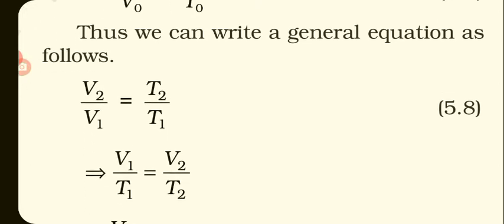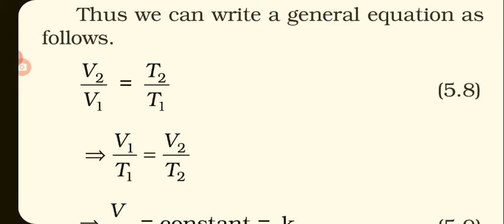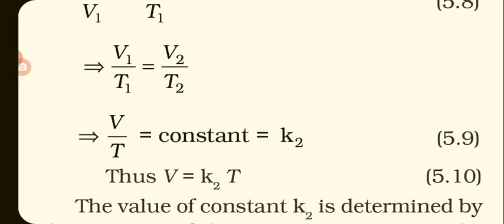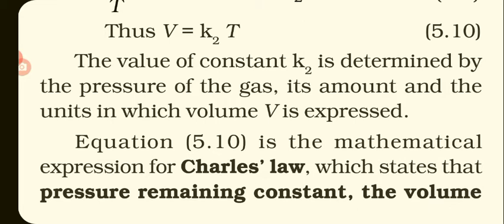Thus, we can write the general equation as follows: V2 upon V1 is equal to T2 upon T1, or V1 upon T1 is equal to V2 upon T2. Thus, V upon T is constant, that is k2, or V is equal to k2 into T. That means V is proportional to T.